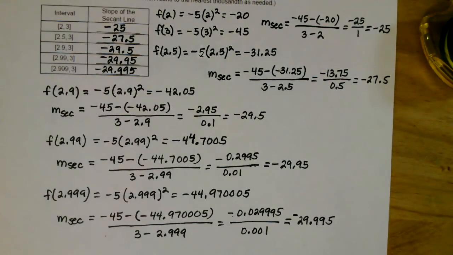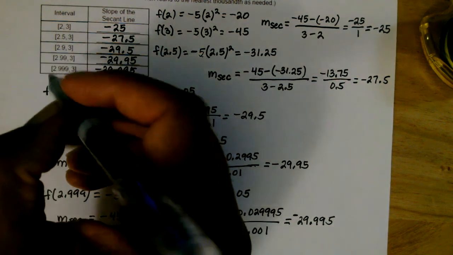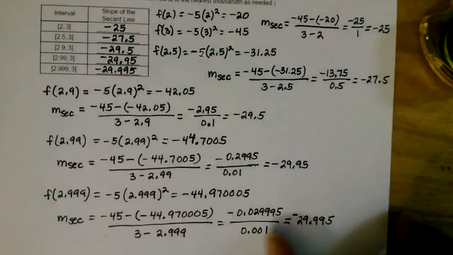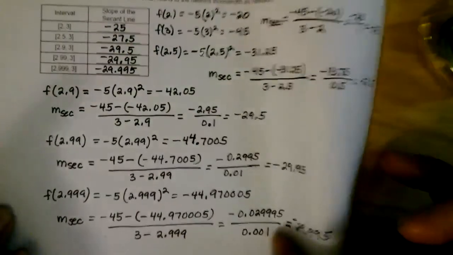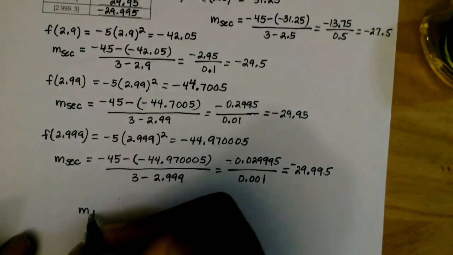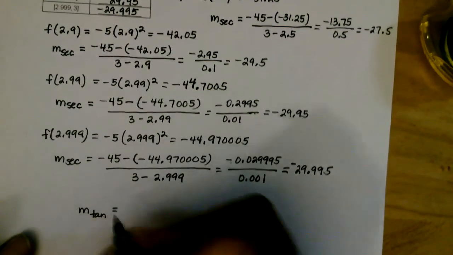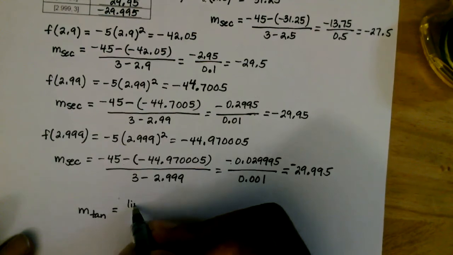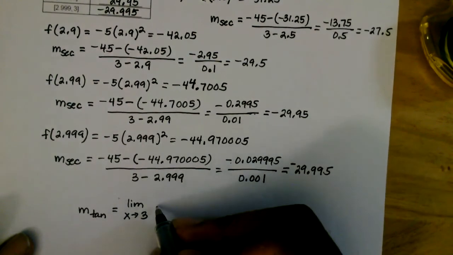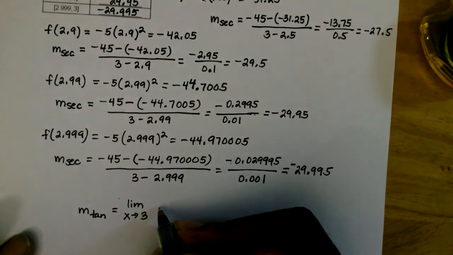So pretty much you can see where this is going. It's getting closer and closer to -30 as we let x get closer and closer to 3. So that means that the slope of the tangent line, using this notation, will be the limit as x approaches 3 of that function f of x.